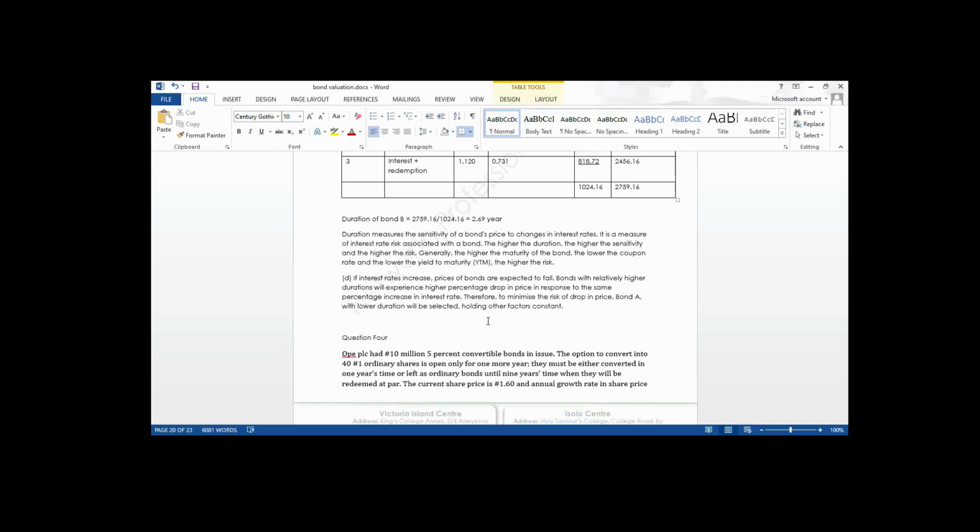So the company should invest in bond A. Bond A duration is 1.9 years. Bond B is 2.69. If interest rate is expected to rise, it is better for the company to invest in a bond with shorter duration. That is the end of that question.